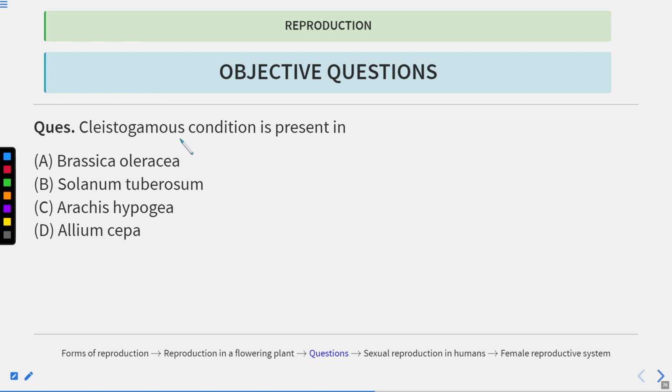Now, what are clastogamous flowers? Here the flowers remain closed.